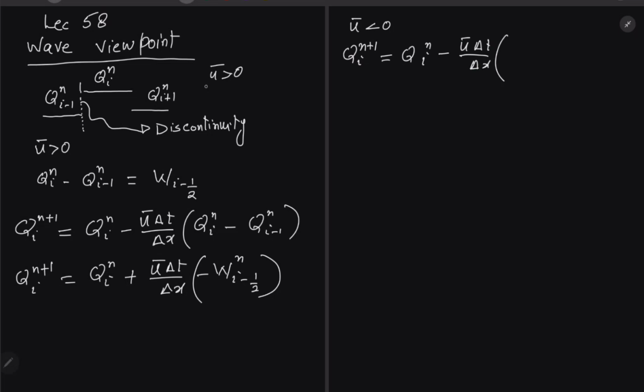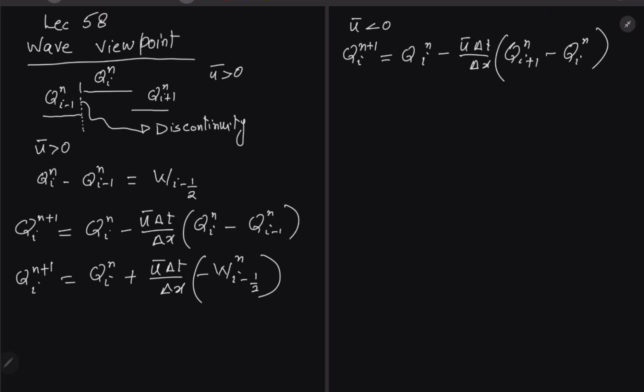At this time, the information goes from cell i plus 1 to cell i, and there is an entrance like that, and that entrance is i plus 1 half, yes, i plus 1 half, and we can write it as Q_{i+1}^n minus Q_i^n. That's what we have when u bar is less than 0.